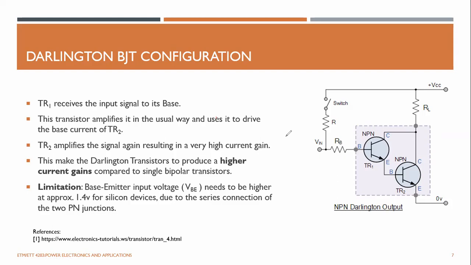When we use this kind of configuration, should TR2 be a transistor which has a higher current rating than TR1, or can we use the same transistors? Actually, this TR2 should be capable of handling a large current in the base-emitter. Still, you can use the same transistor if it is not exceeding the maximum base-to-emitter current of TR2. You can use the same two transistors.